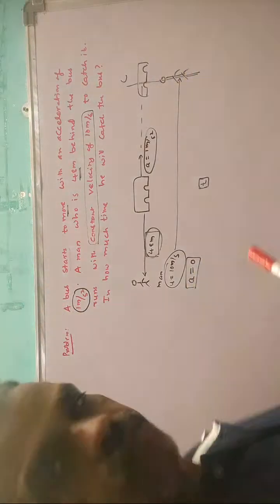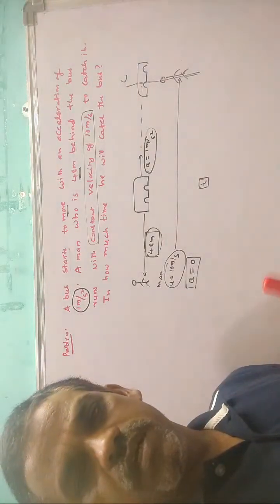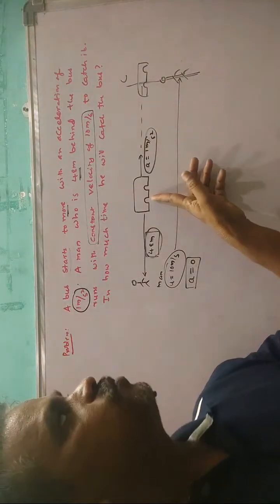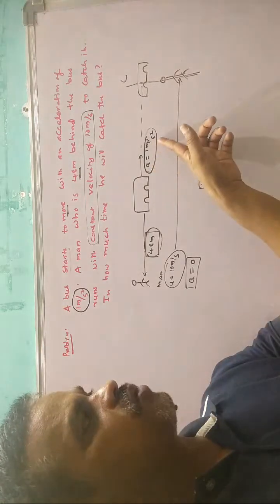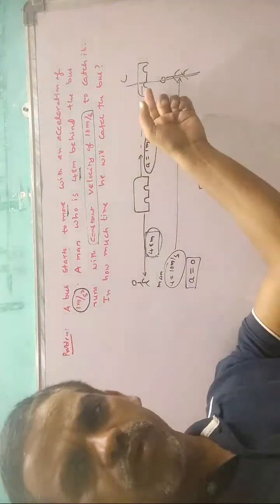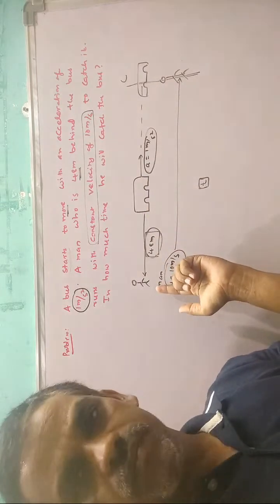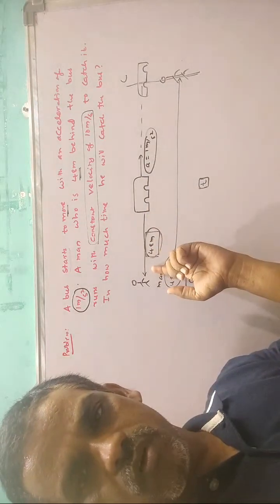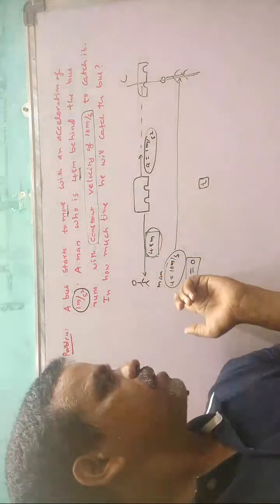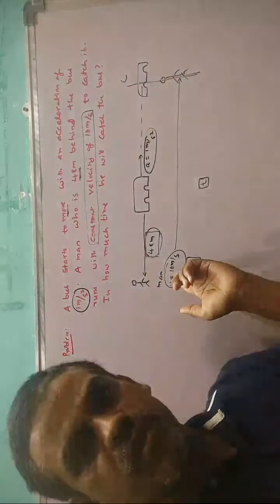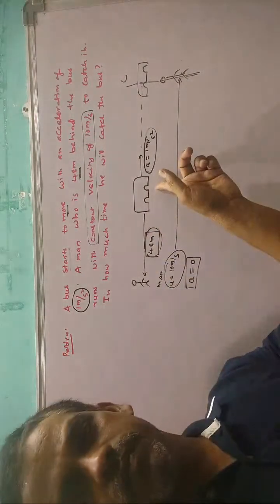What is the situation here? The bus is moving with an acceleration a equal to 1 meter per second square. The man is behind the bus, 48 meter behind. He is also moving with uniform velocity 10 meter per second to catch the bus.